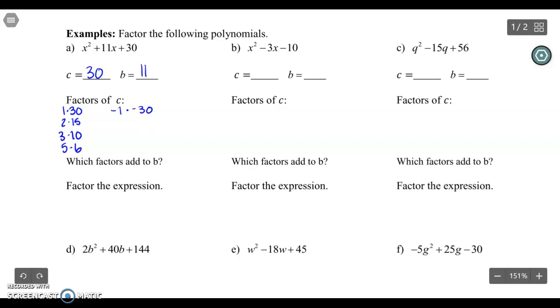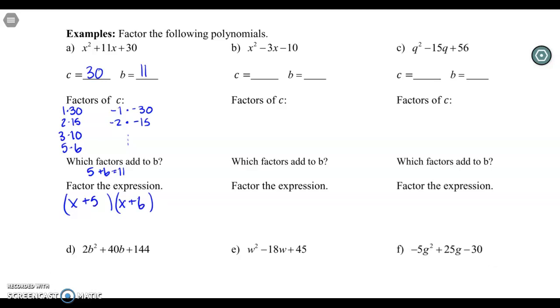I could do -1 and -30, -2 and -15, right? I could do all the negative versions of the numbers too. And I want to know which pair of numbers adds up to 11, and I notice that 5 plus 6 is equal to 11. So then the way I factor this expression, I have two sets of parentheses. There's an x plus 5, and there's an x plus 6. Okay?